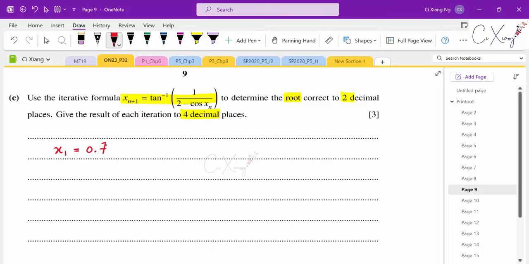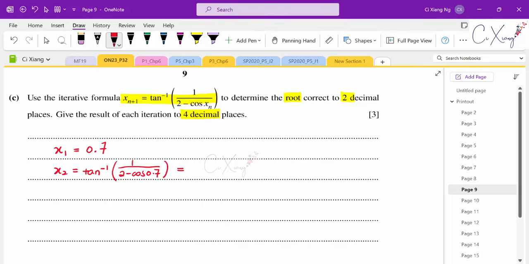So if I decide x1 equals 0.7, then for x2, how can I get x2? Basically, you have to substitute 0.7 into the iterative formula. So you want to substitute into tangent inverse of 1 over 2 minus cos 0.7.